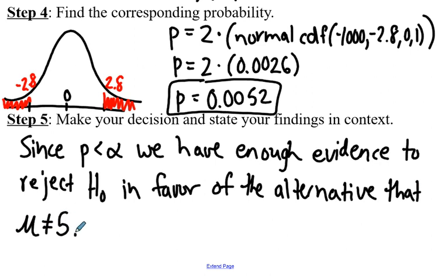So we rule in favor of the claim that the mean is not equal to 5. It appears it's probably less than 5 based on the z-score and our sample statistic that we got. So that's one example of it.